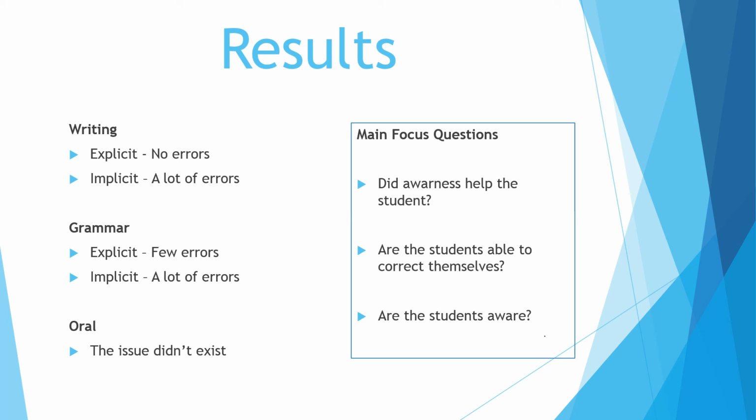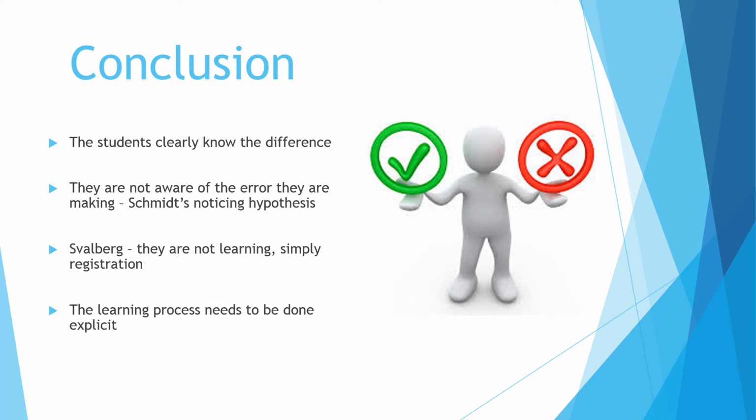So my conclusion for this, and do keep in mind that this is a minor investigation with just one class. Further research has to be done to use this as proof. But the following conclusion is based upon what I have found from this study and how I have connected this to language awareness theories.